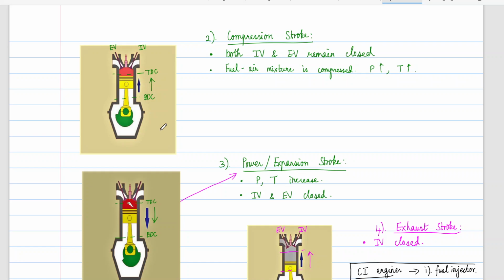TGDI is turbo gasoline direct injection, where you are not mixing the air and the fuel, but the process of injection at high pressure is used. As written here, in compression ignition engines a fuel injector is used and the fuel self ignites.